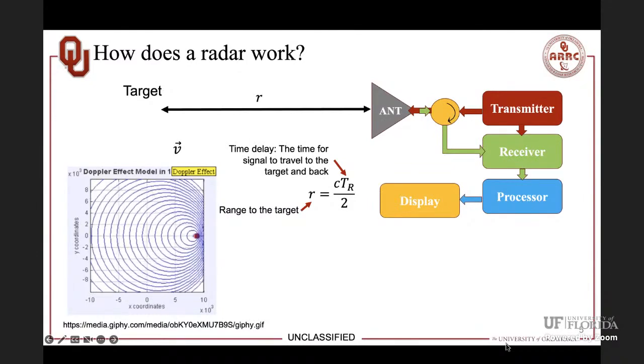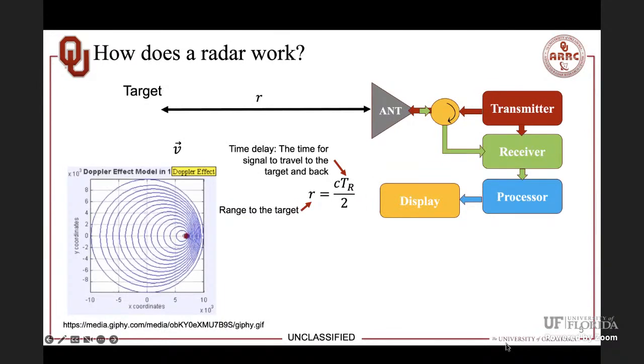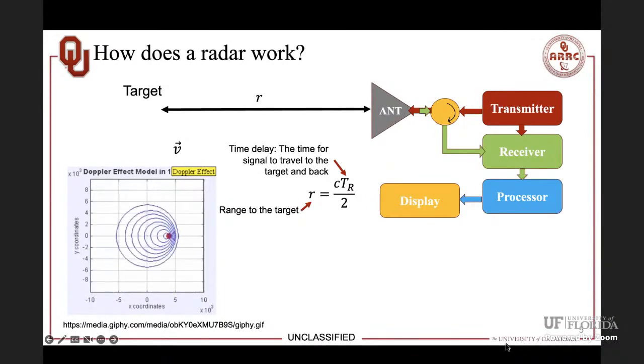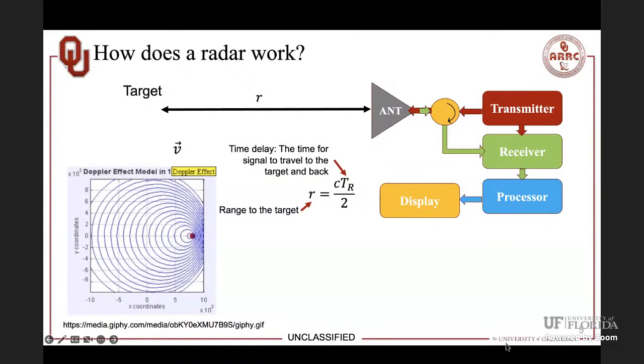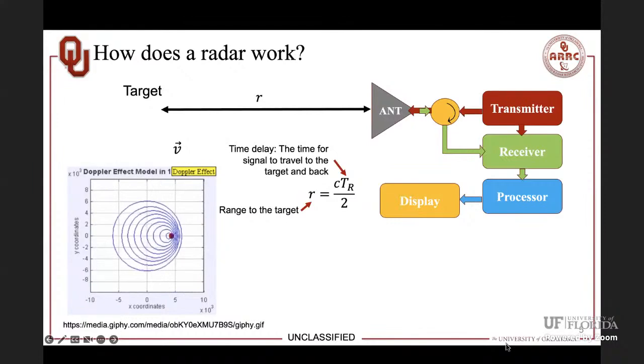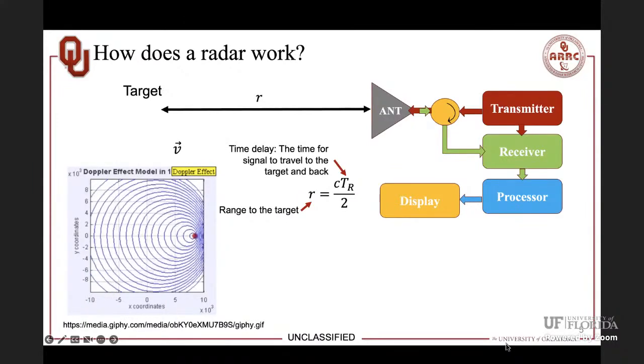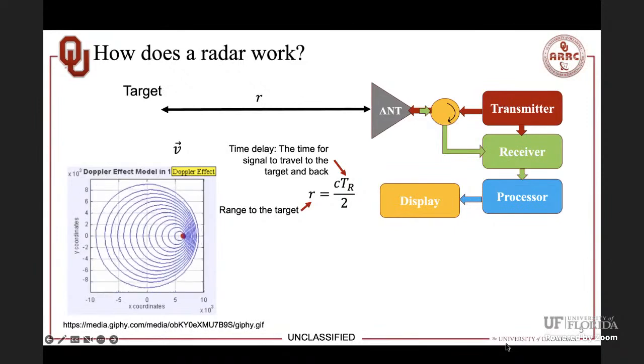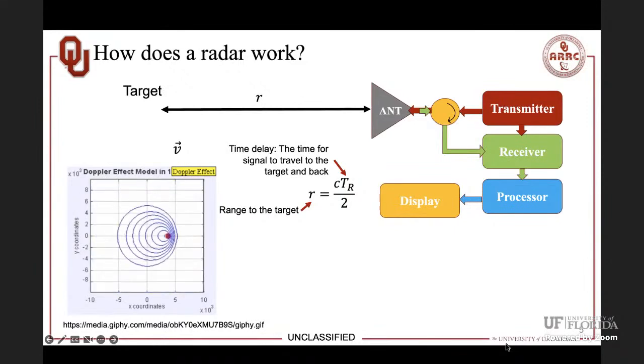The circles are actually the wavefronts. You can see the distance between the wavefronts becomes closer and closer if the target is moving toward you, meaning the frequency increases. At the same time, if you're at the back, the distance between the wavefronts becomes larger and larger, which means the frequency goes down. So that's the motion of the target that relates to the speed of the target.